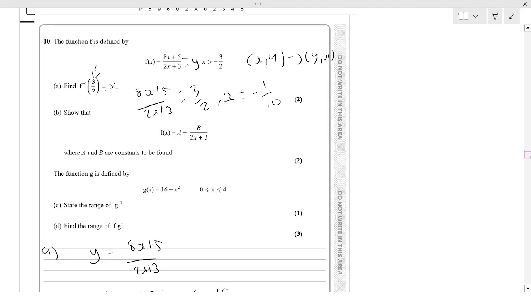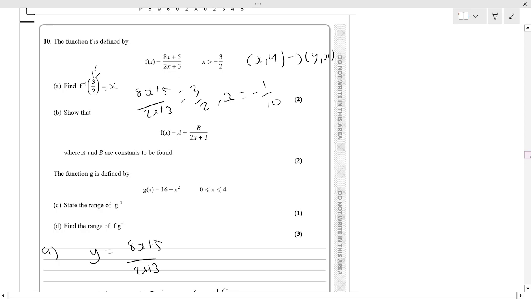Then part B says, show that f of x is a plus b over this. With this sort of thing, you need to realise what's going on. Really, the numerator has turned into a constant. How have they done that? Well, you should notice that the degree of the numerator is at least the degree of the denominator.